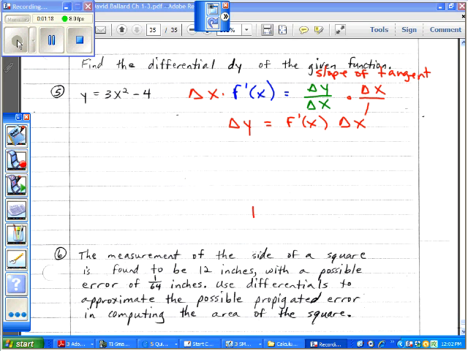Now, remember that we also kind of say that f prime of x is dy over dx. Remember that terminology? So another way to say change in y is dy. And another way to say change in x is dx.